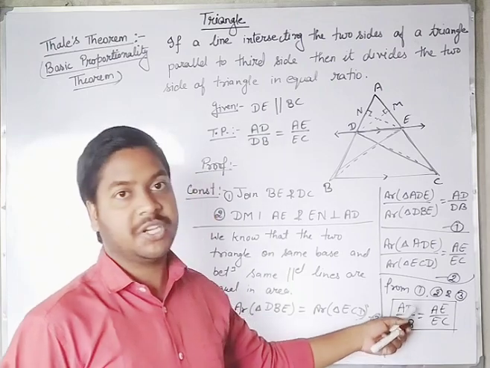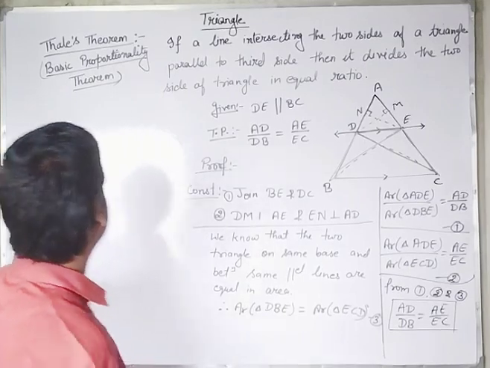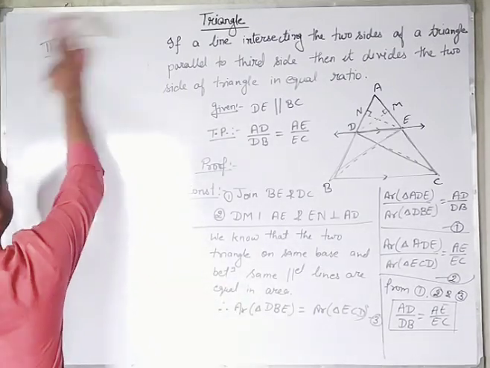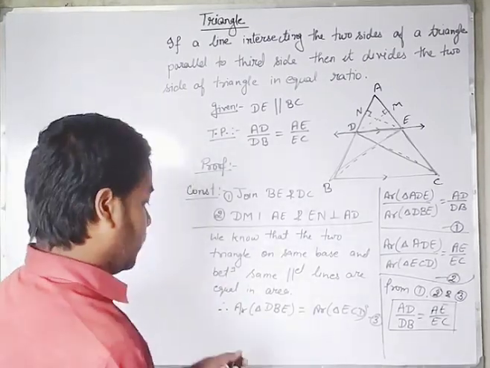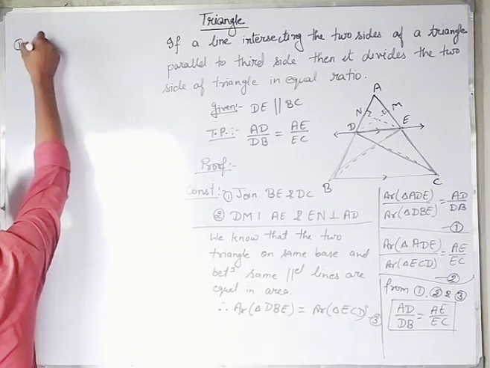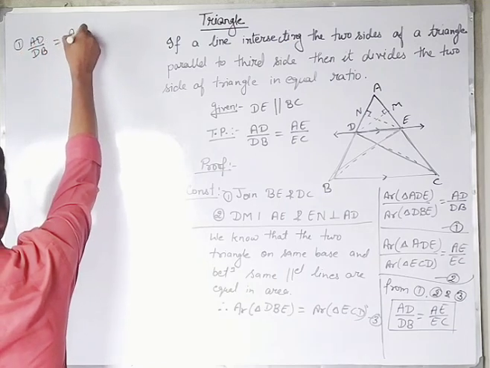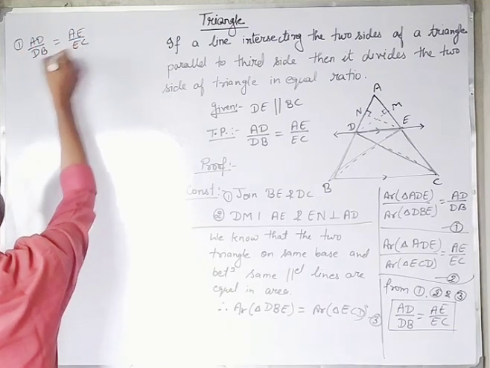It can also be written in another form. The first form is AD by DB is equal to AE by EC.